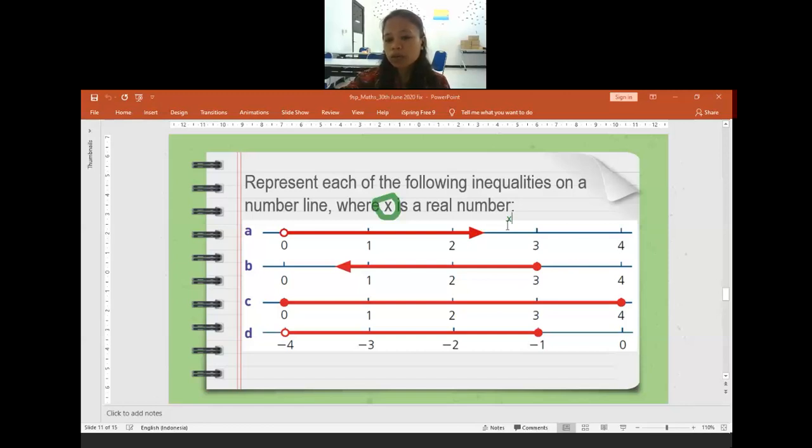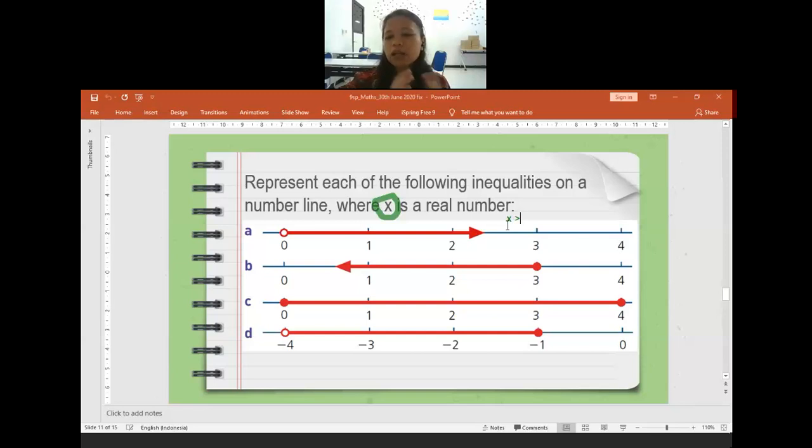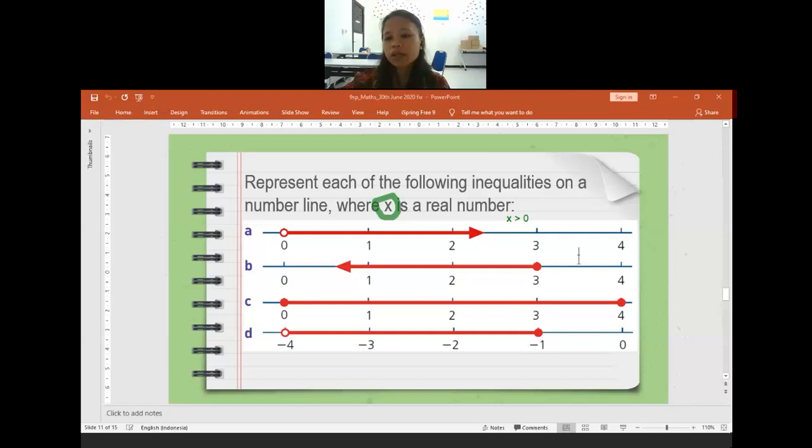We copy the arrow. The arrow will look like bigger than or less than. Bigger. Okay, so I will write bigger than, and then look at the circle. What number is below the circle? Unshaded. 0, because it's unshaded, so just let it be bigger than 0.